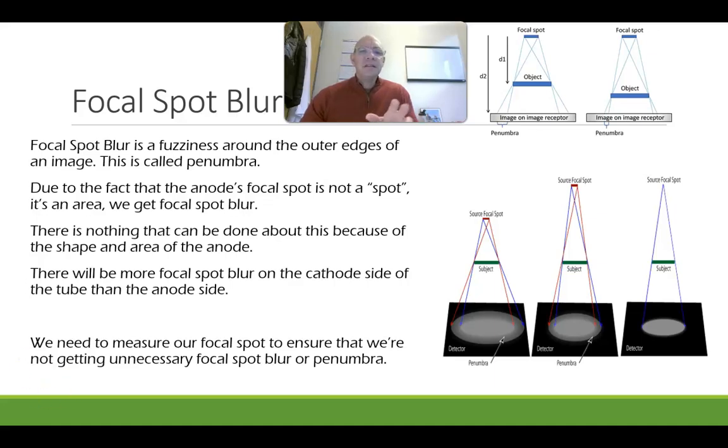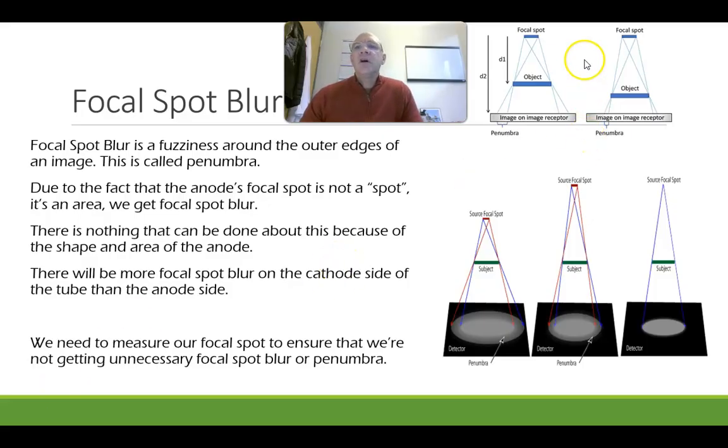That fuzziness is called penumbra, and that often is a result of the anode heel, because we deal with an anode that has an area to it rather than a defined little tiny spot of X-ray coming out. And so I'm going to try to explain that with this slide here.